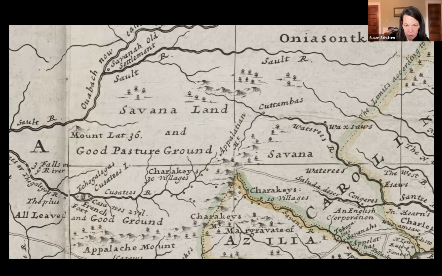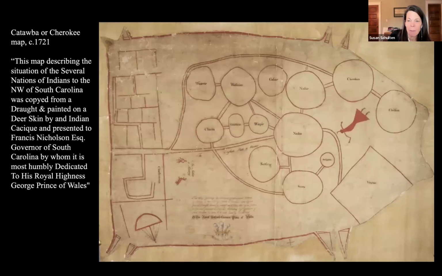If you look at the lower left, French forts, French factories, which just refers to trading posts for trappers. But it gives you no understanding about the absolute turmoil and chaos in the Southeast at exactly that time.